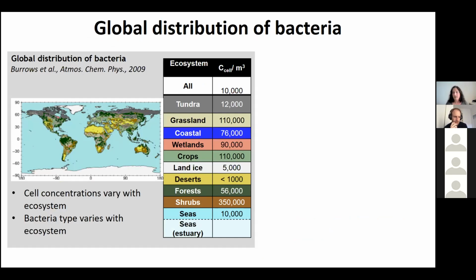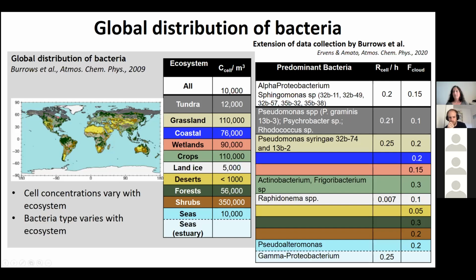That was the basis for our estimate, but we wanted to extend it. For the predominant bacteria from each ecosystem, based on literature data, we could estimate the growth rate. And based on satellite measurements, for example of cloud cover, we could estimate the area covered by clouds above the different ecosystems, above the seas, the deserts, and so on.